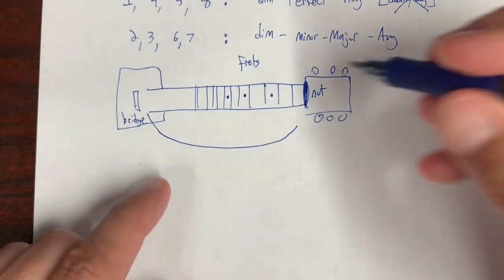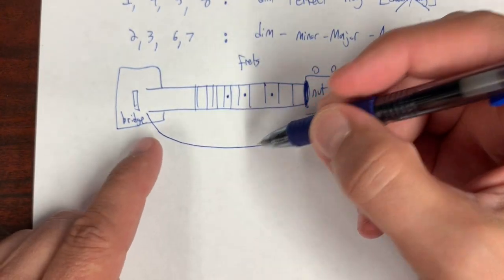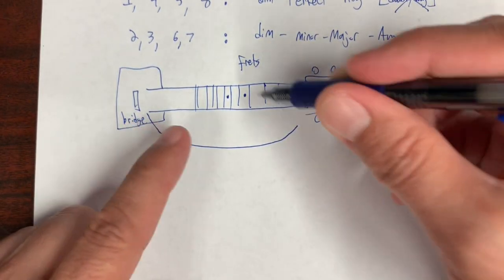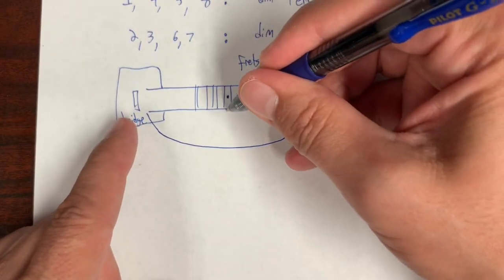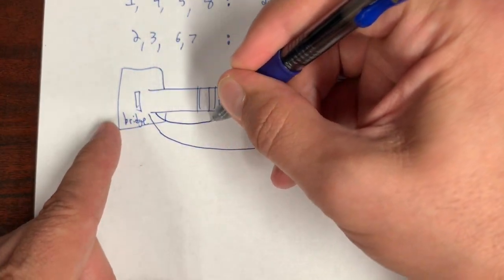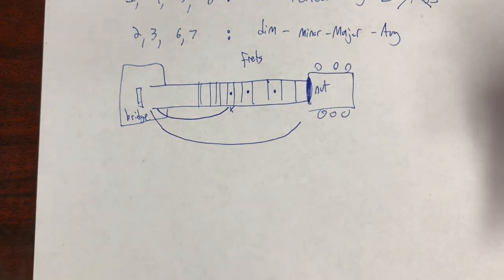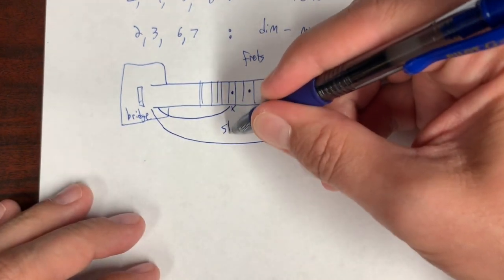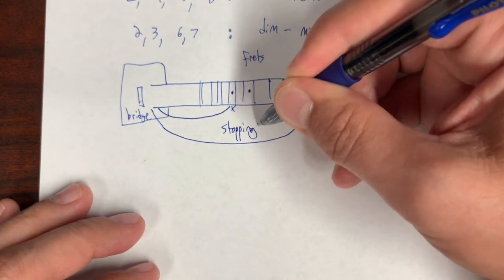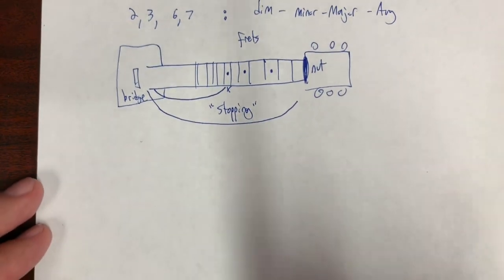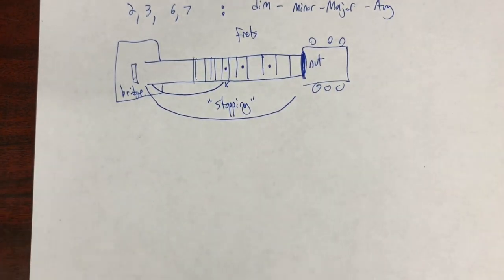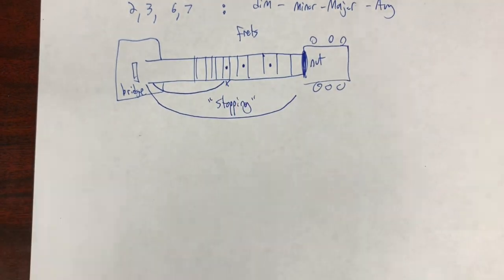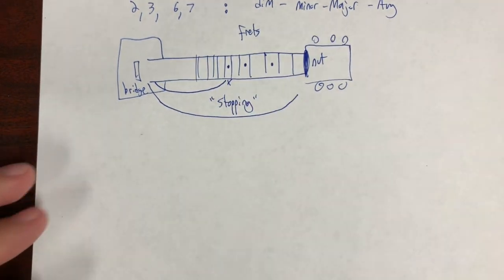If you play a string without pressing it down, it's the whole length of the guitar. If you press down, say here, it's just like you were playing a string that's only that long. We call that stopping a string. Most guitar players don't use that word, but violin players do, and that's why, in violin, if you play two notes at the same time, it's called a double stop, because you're stopping two different strings.